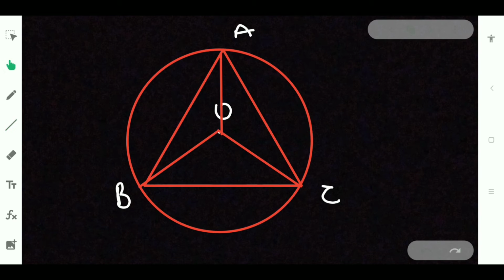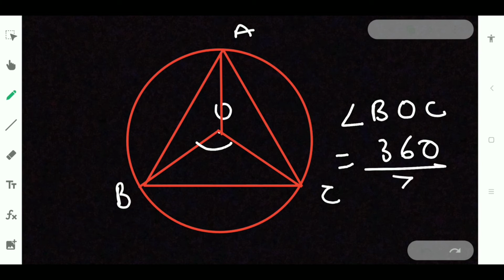Now let us take this angle BOC. Now angle BOC is equal to 360 divided by 3, which is 120. So this is what the sentence means.